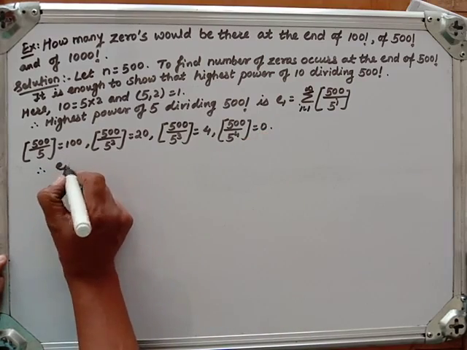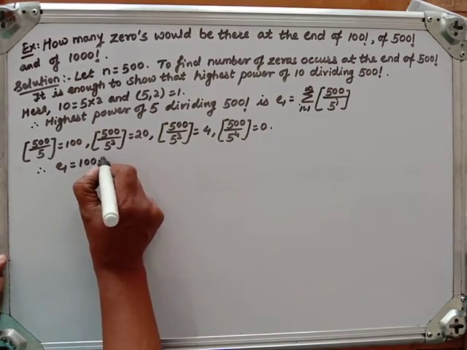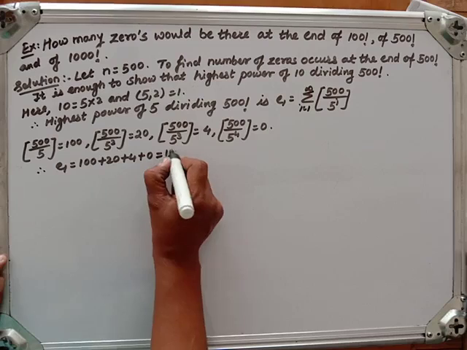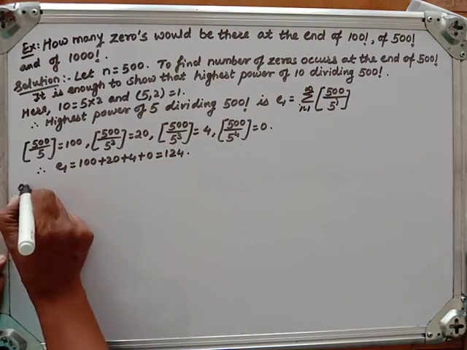Therefore, E1 is equal to 100 plus 20 plus 4 plus 0, that is 124.